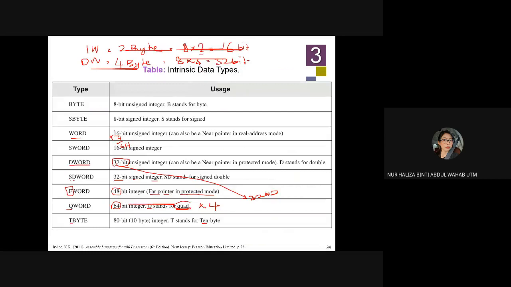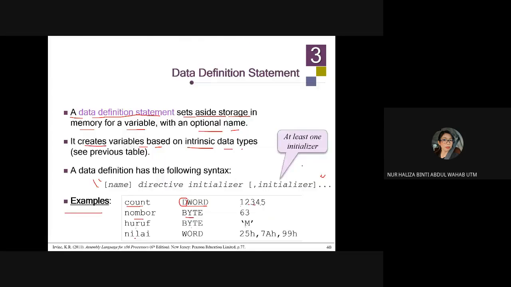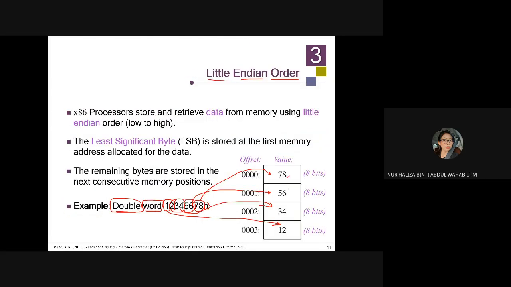Check back. One word equals 2 bytes, which is 16 bits. So you have 1, 2, 3, 4. So this is one word. This is one word. So you have the name of doubles. This is not the words, okay? This is word.